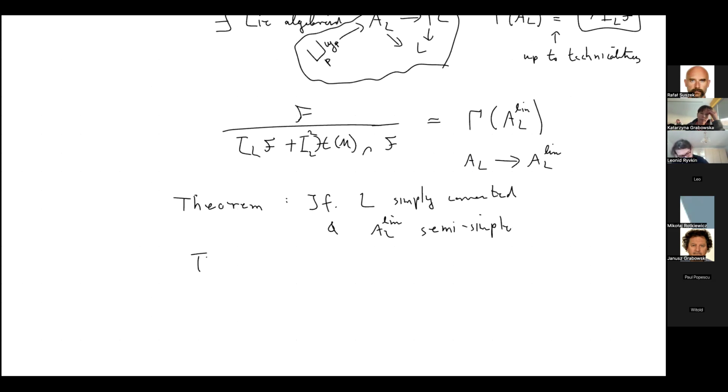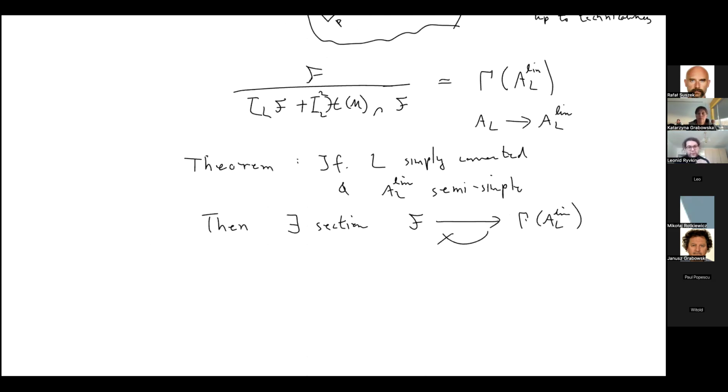Then there exists a section of the projection from the foliation to A_L-lin. And this means that we have a Lie algebroid acting on our manifold, generating a part of the foliation.